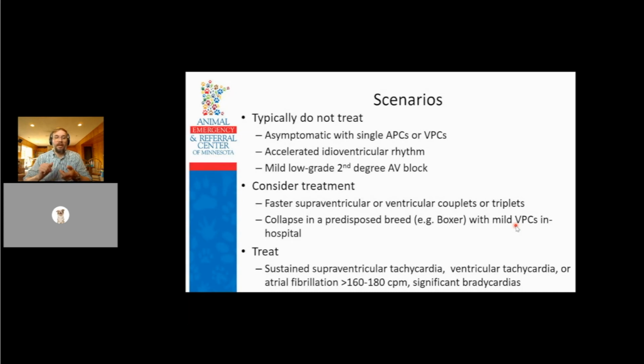If they're having some faster couplets or triplets that are early from the top or bottom chambers, or if you have an old boxer who collapsed with upright VPCs, to me, I'd be like, that dog probably had VTAC. I probably would consider treating. But if you see sustained SVT, VTAC, AFib with a fast heart rate, or significant slow arrhythmias, then I would treat those.